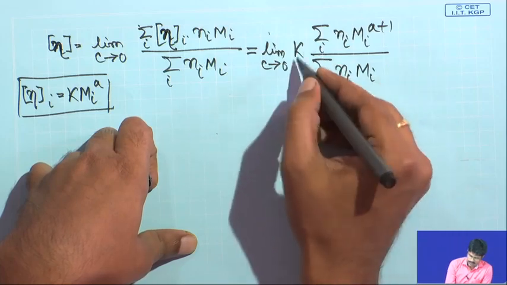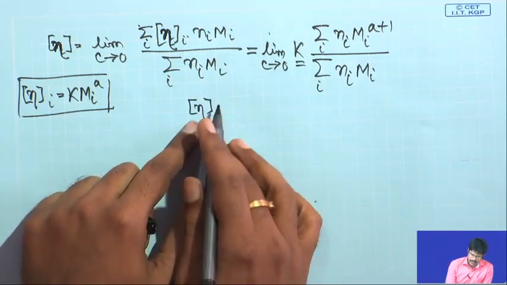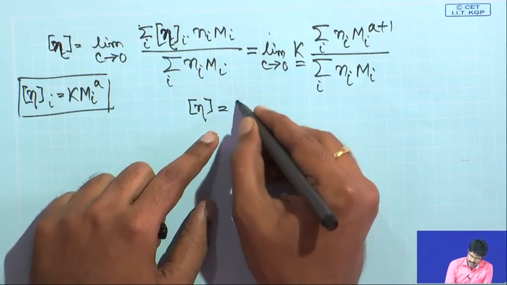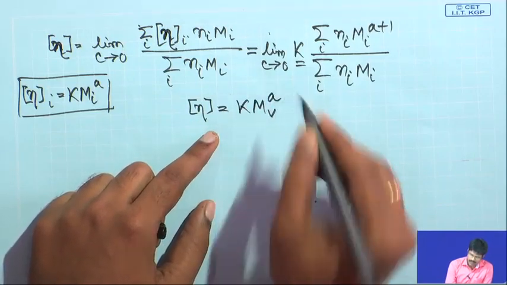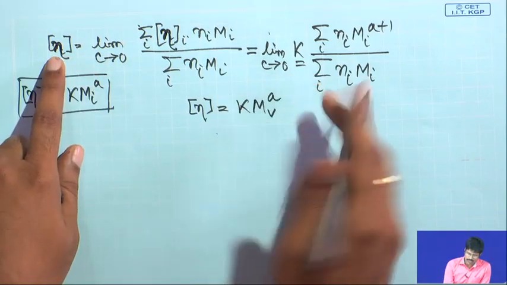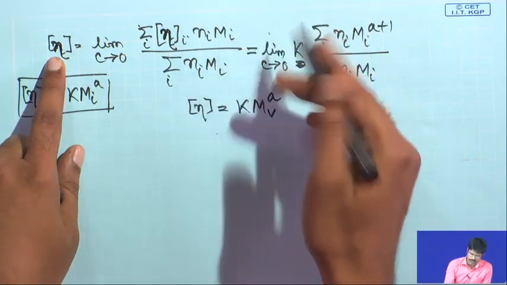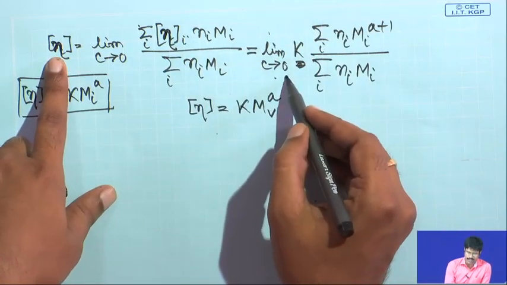Okay. Now, the general expression is eta equals to K into M V to the power A for the Mark-Houwink equation. So, you see eta equals to limit C tends to 0. I am just removing this, C is very small in concentration, so let us assume that and remove this C tends to 0.